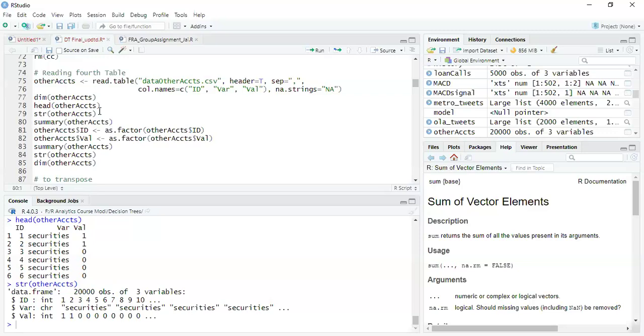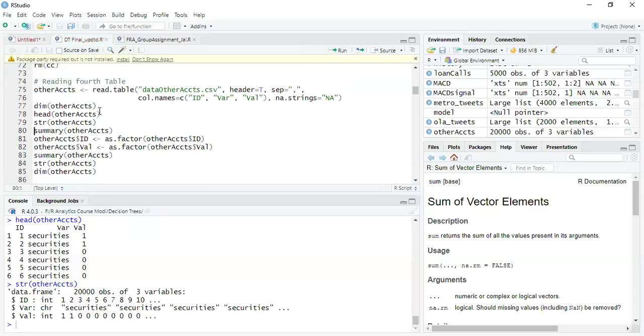Because we have exceeded the time, keep track of this in the coming class. I hope tomorrow we have a class. Again, we will start afresh. I will recap and we will go through how we can manipulate this data. Once we manipulate, then only we will merge the data.